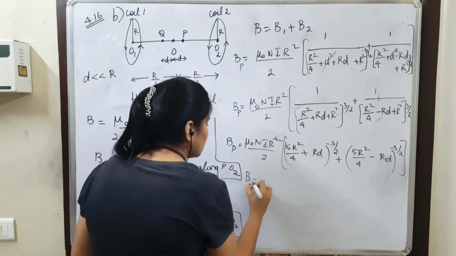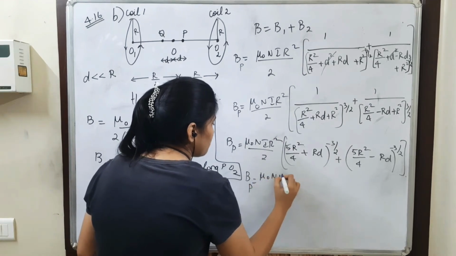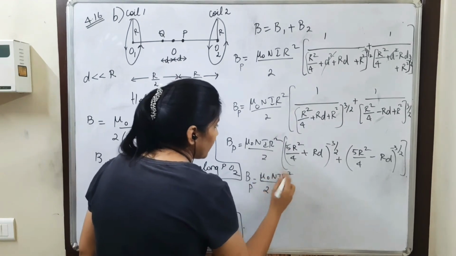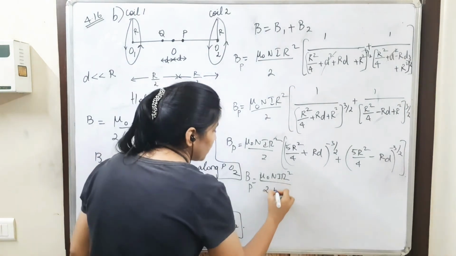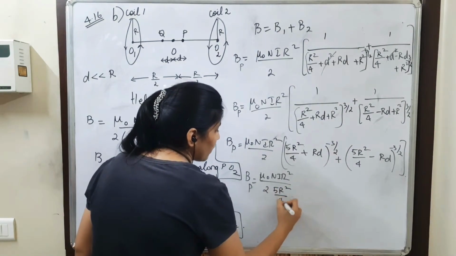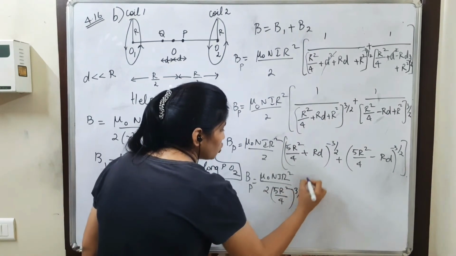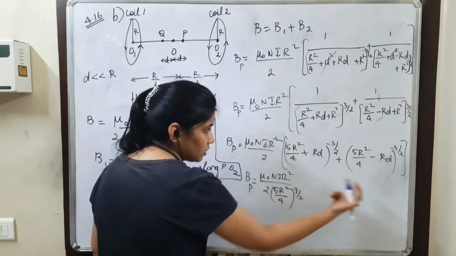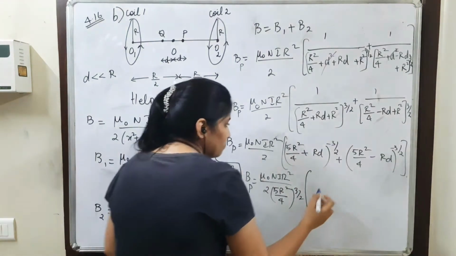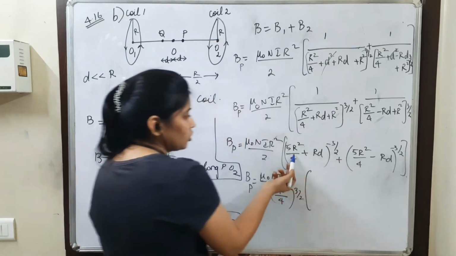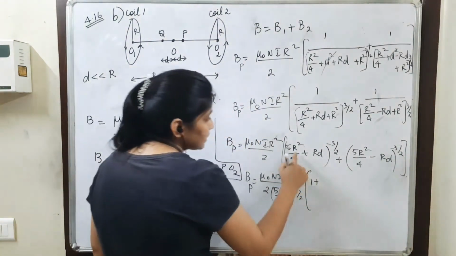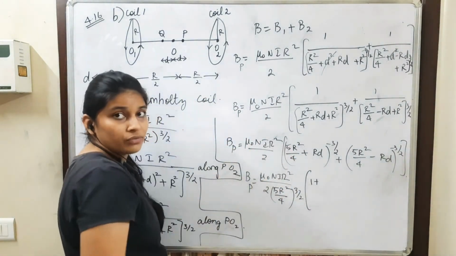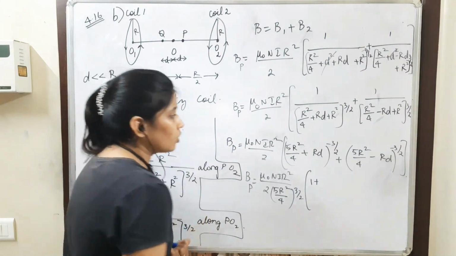BP is equal to mu naught N I R square divided by 2 into, now I am taking that to the denominator. So 5R square by 4 the whole power 3 by 2 is taken common out from both the two terms, and here this will be equal to 1 plus this divided by 5R square by 4. So what will I get?